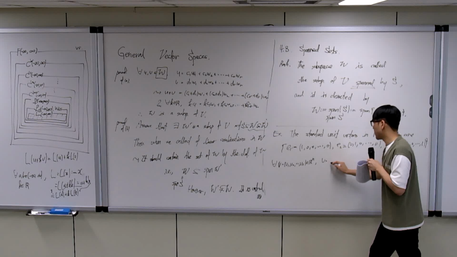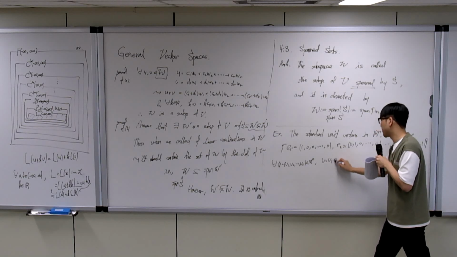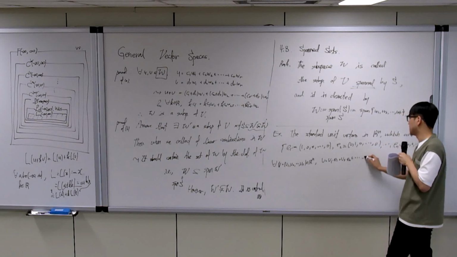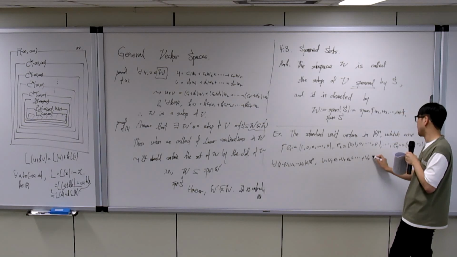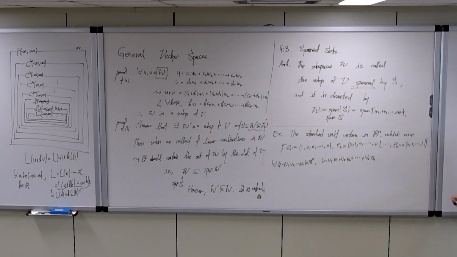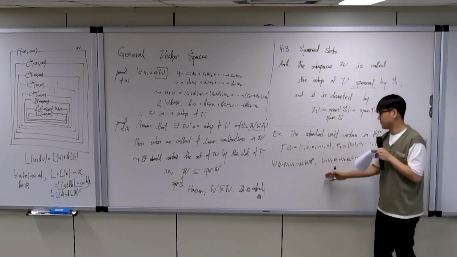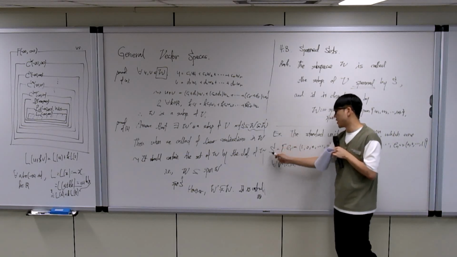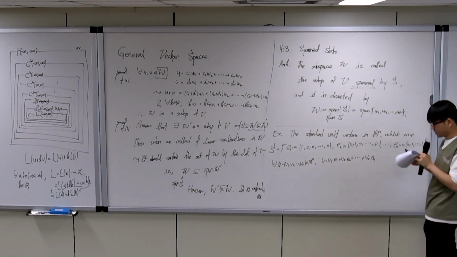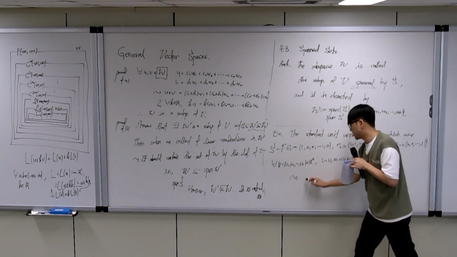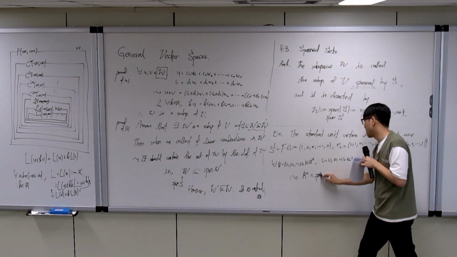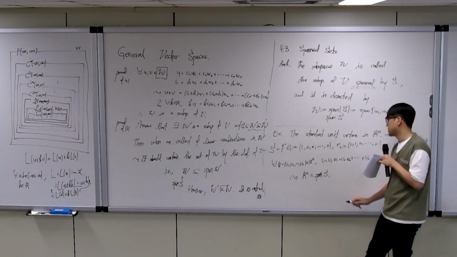And then we can denote V1 scalar multiplication E1 plus V2 scalar multiplication E2, like that up to Vn En. So it is the linear combination form of the set of standard basis S. From this, we can check that the space R to the n is the same as the space expanded by S.